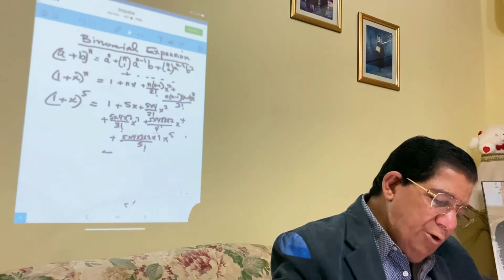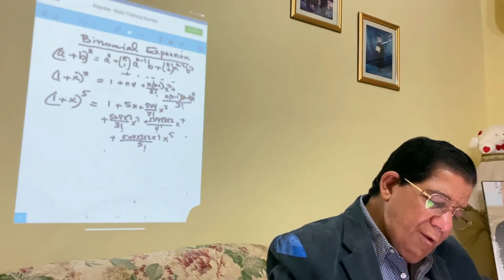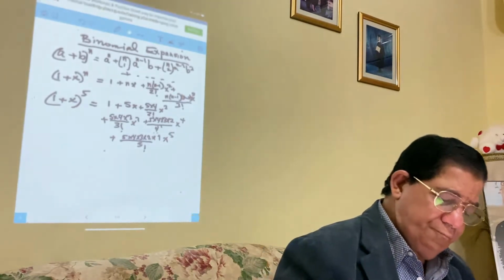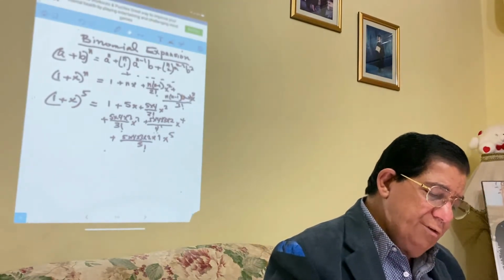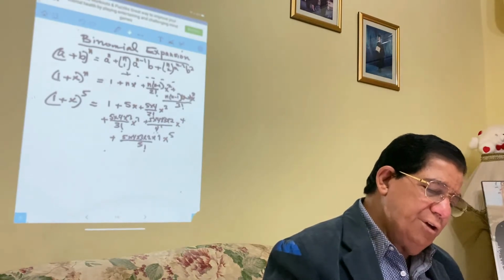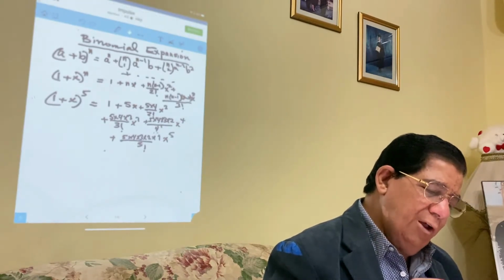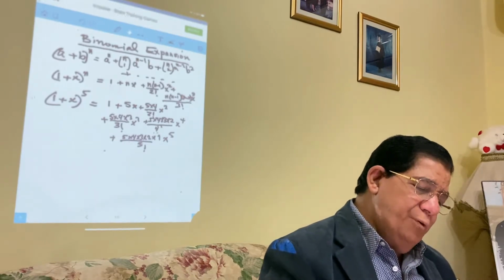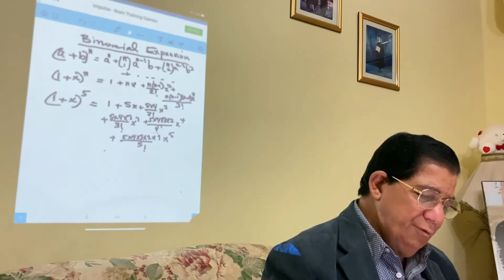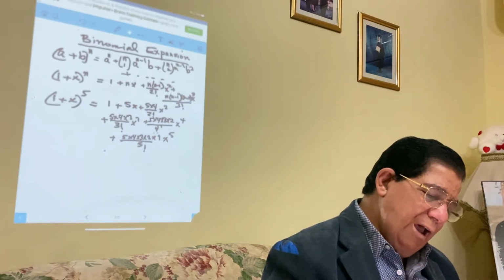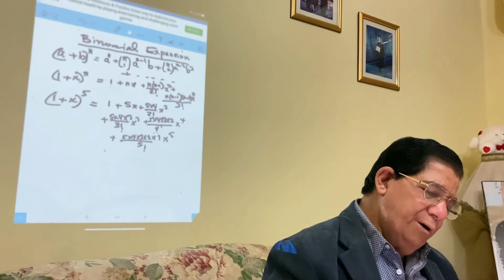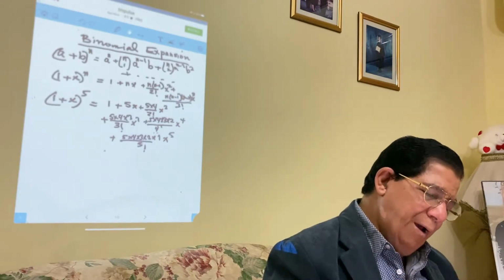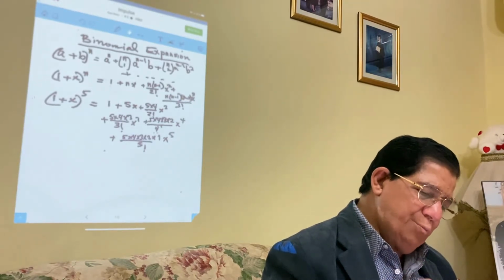If we continue, then all the remaining terms will be 0. This indicates that this expansion stops at x to the power 5. And if we simplify this, we will get exactly the exact expansion of (1 plus x) to the power 5.